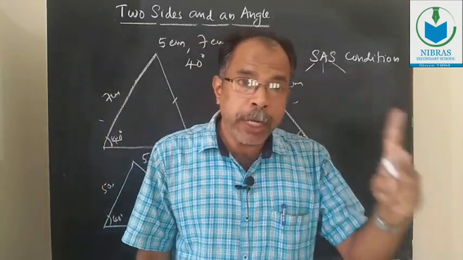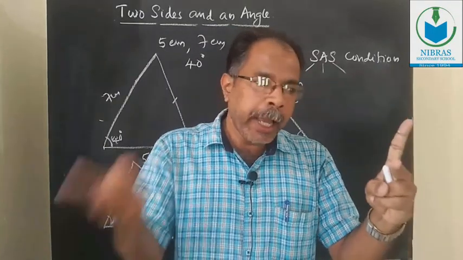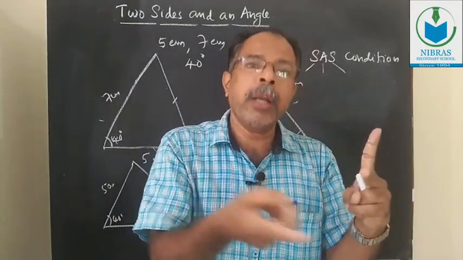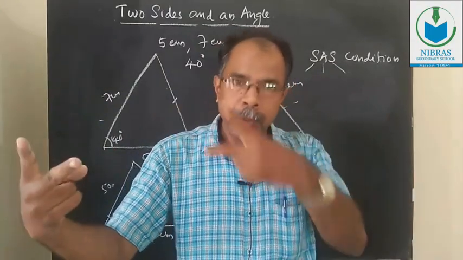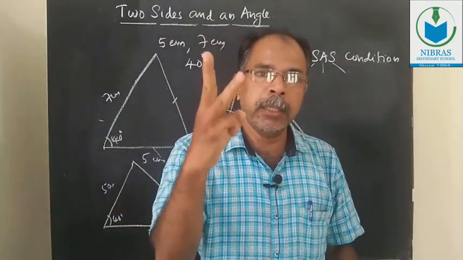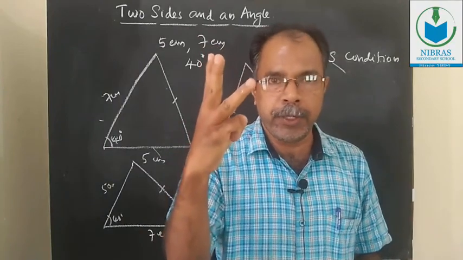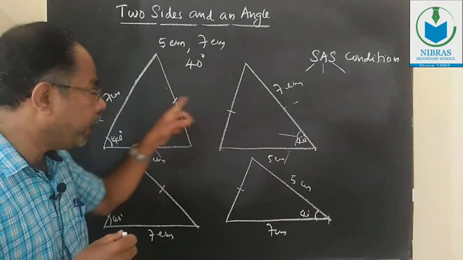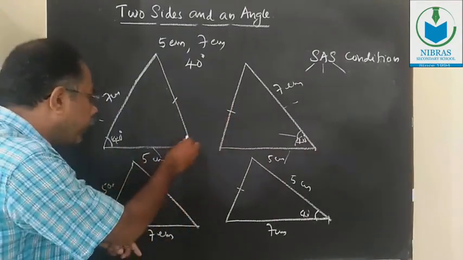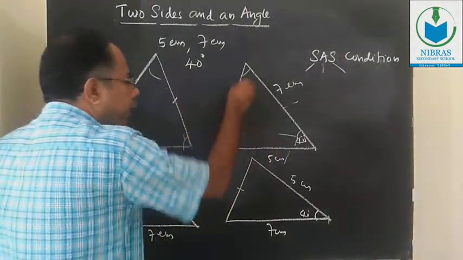If the two sides of a triangle and the angle between them are equal to the two sides of another triangle and the angle between them, then there are three points. The third sides are also equal. The other two angles, these two angles are equal to these two angles.